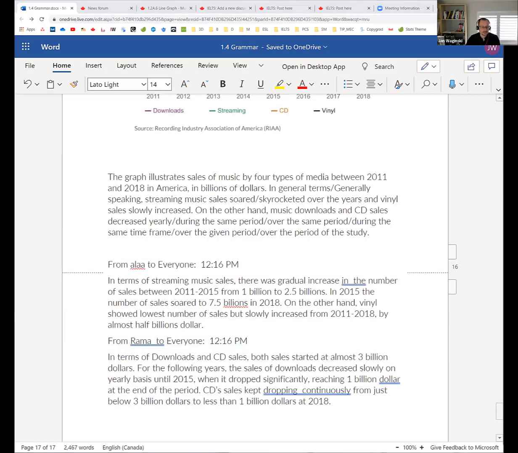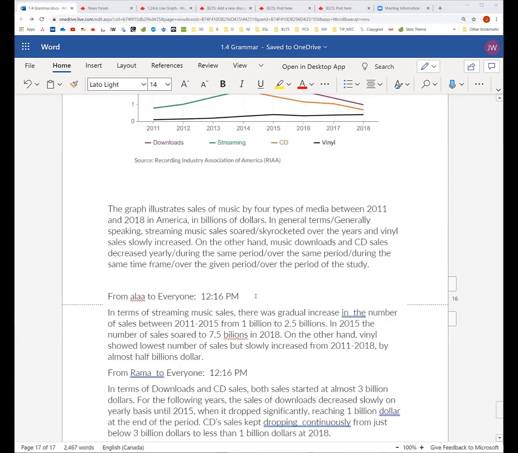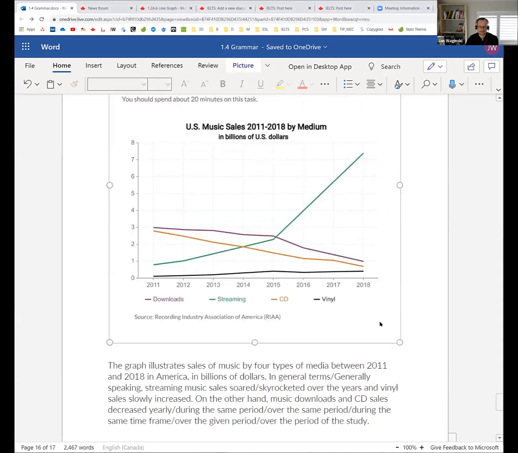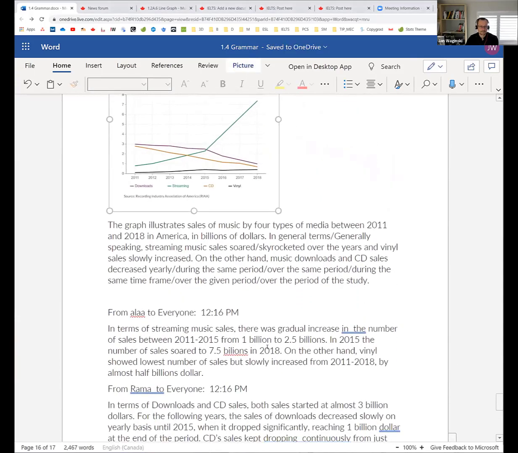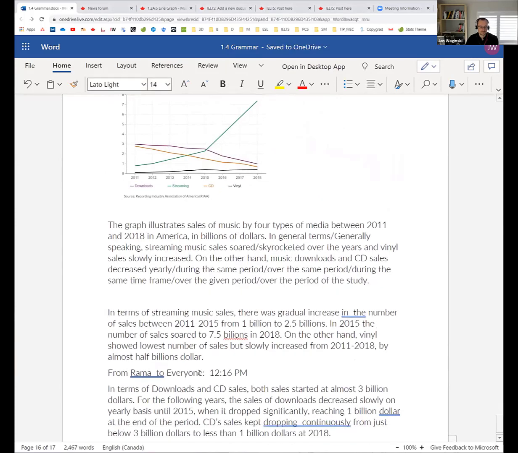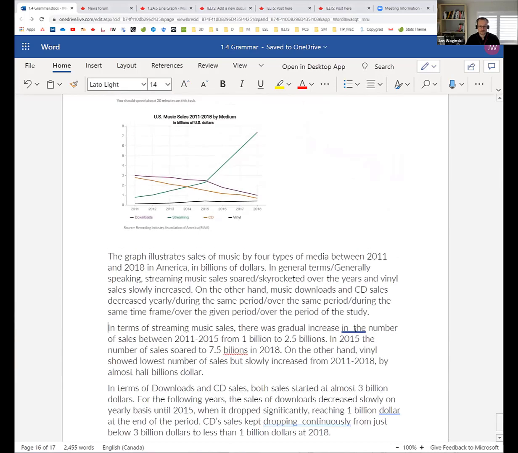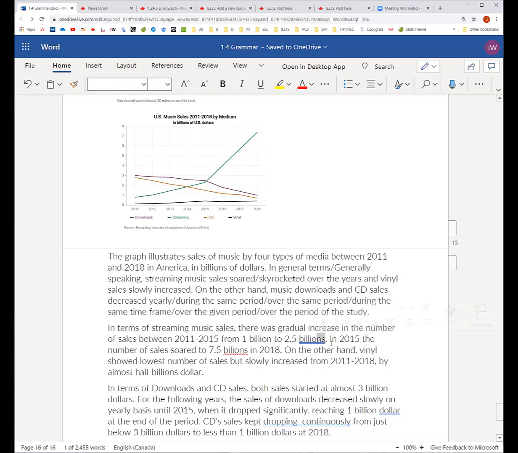In terms of streaming music sales, there was a gradual increase in the number of sales between 2011 and 2015 from 1 billion to 2.5 billion. Okay. In editing, we put $1 billion to $2.5 billion. Okay, good.